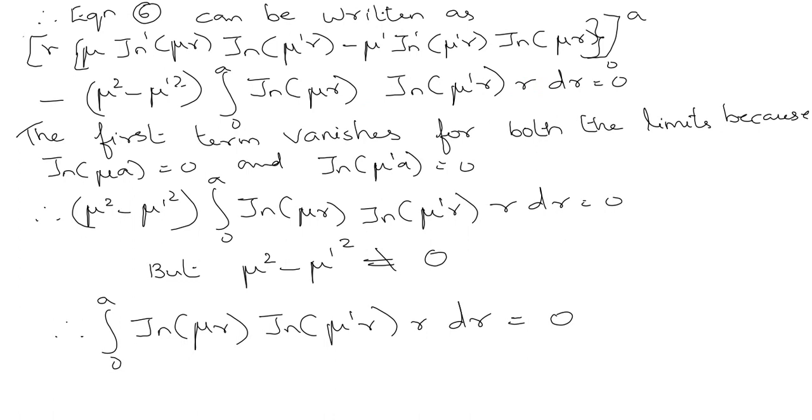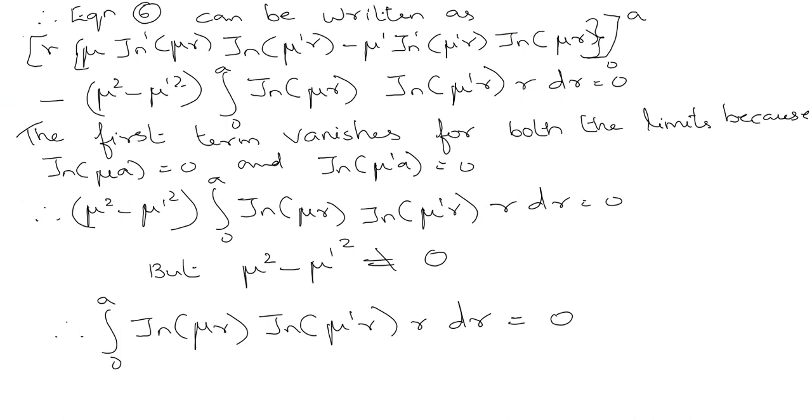So equation number 6 will become r into mu Jn dash of mu r into Jn of mu dash r minus mu dash into Jn dash of mu dash r into Jn of mu r within the limit 0 to a, minus mu square minus mu dash square integral 0 to a Jn of mu r into Jn of mu dash r into r dr is equal to 0.